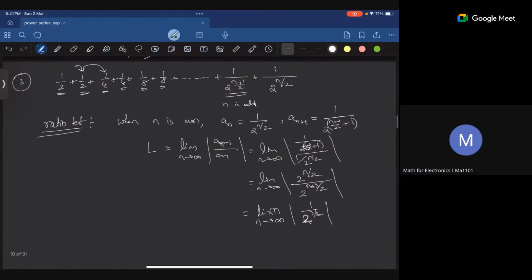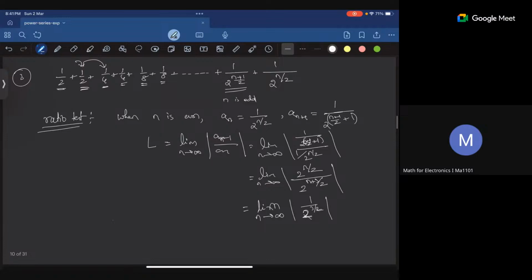Similarly, we have to do it for n odd also. In both cases, it should go to the same limit value, right? So when n is odd, you can see that your a_n will be 1/2 power (n+1)/2. Our a_(n+1) will be 1/2 power (n+1)/2 as well.